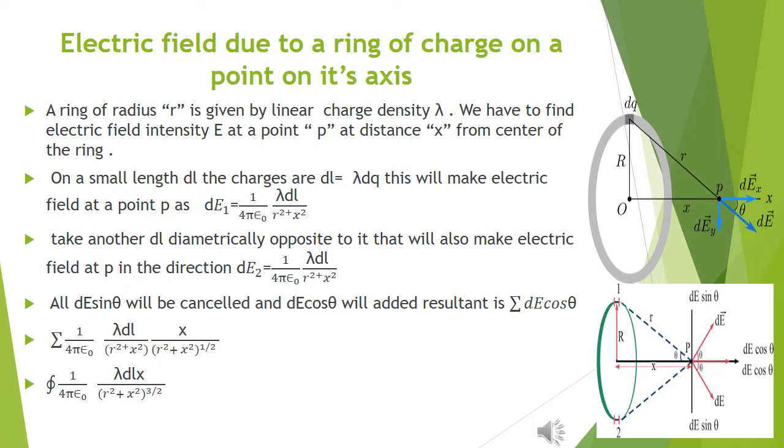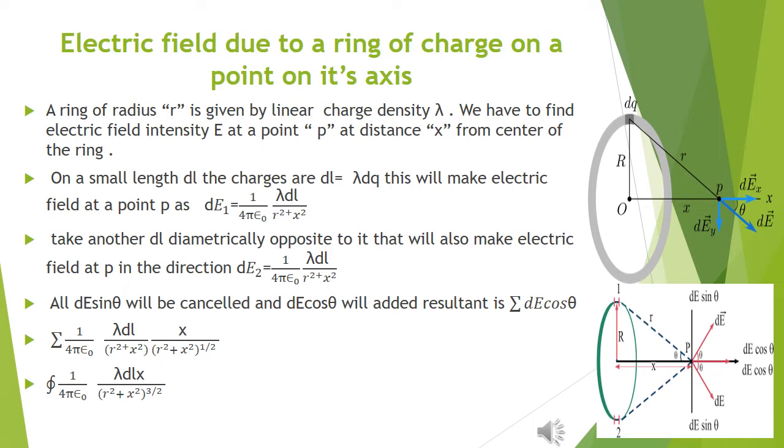So according to Pythagoras theorem, the hypotenuse of this right angle triangle is under root r square plus x square. So here electric charge is distributed and we have to give certain quantities in terms of which we have to find out the value of electric field.